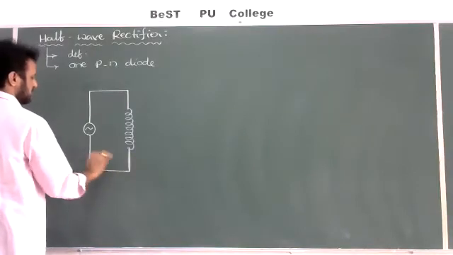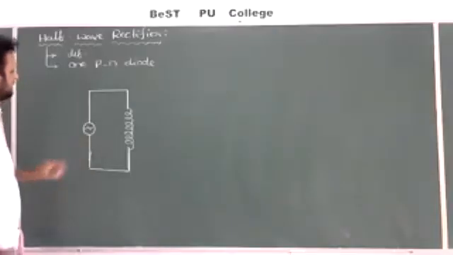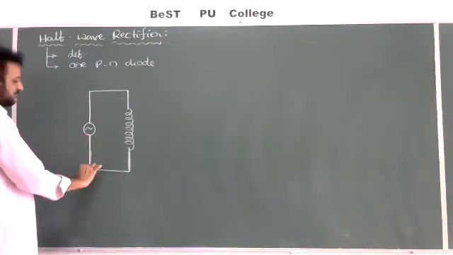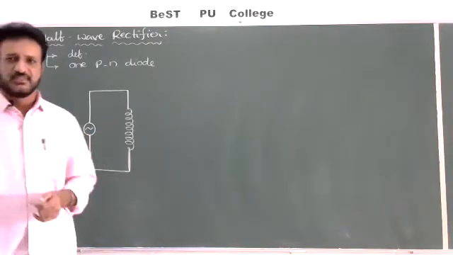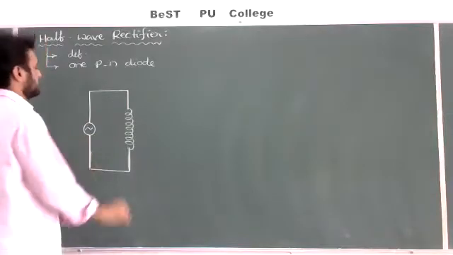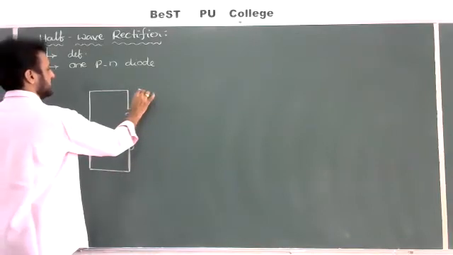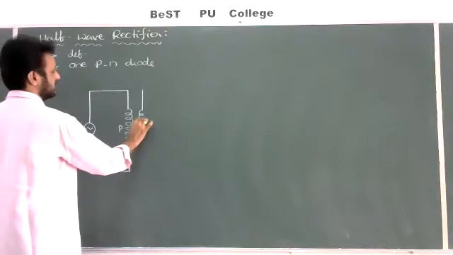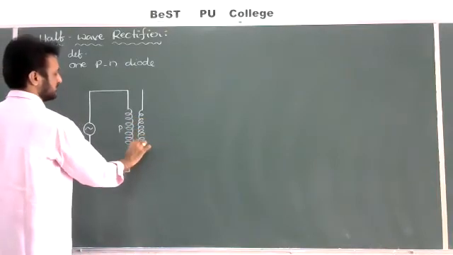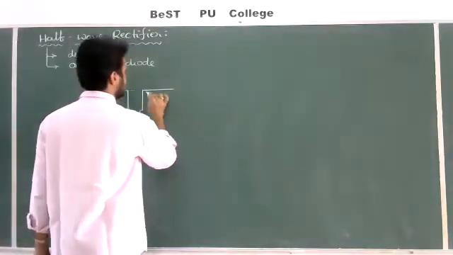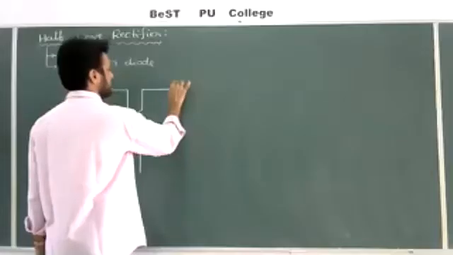So this left side, whatever you have given, that is the symbol of AC. So AC source. And here it is a coil, primary coil of a transformer. We can write here it is a P. And the right side also we'll connect one more coil which is called a secondary coil, like this. To the secondary circuit we have to connect one diode, PN junction diode.